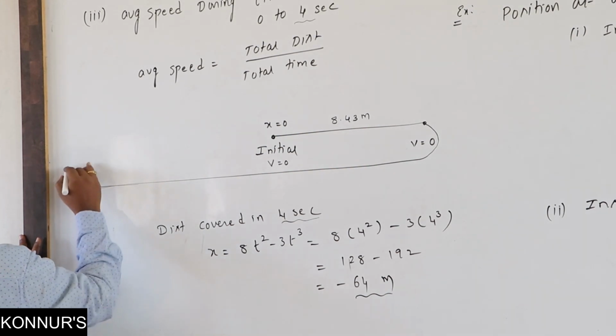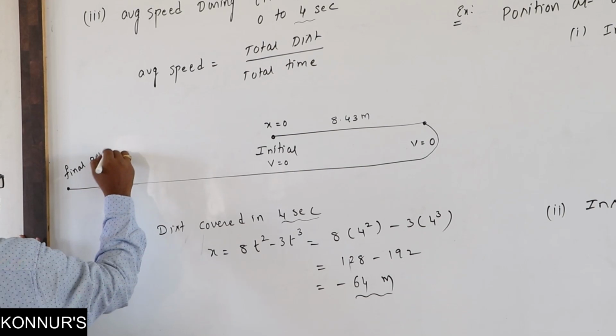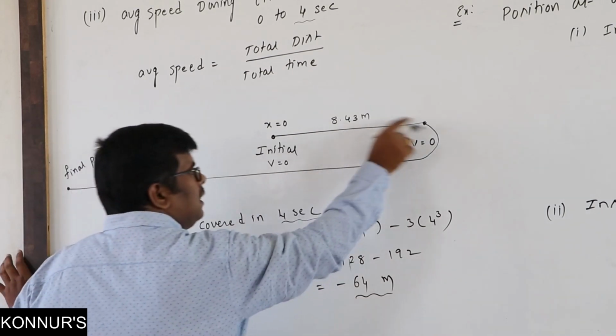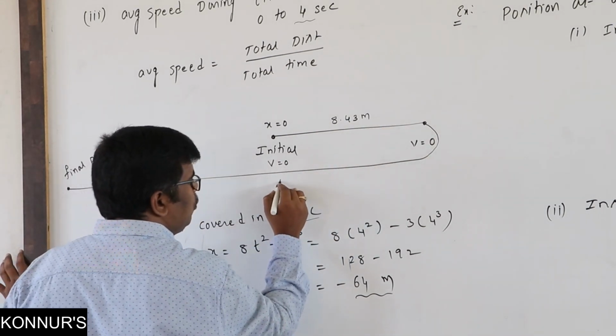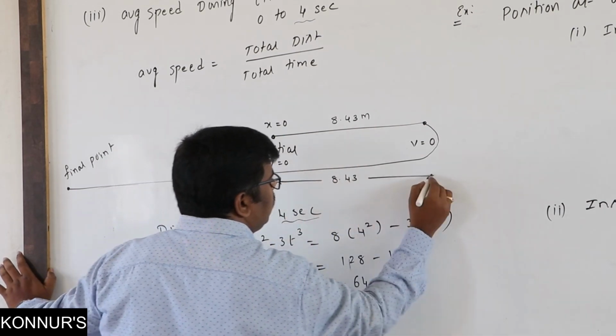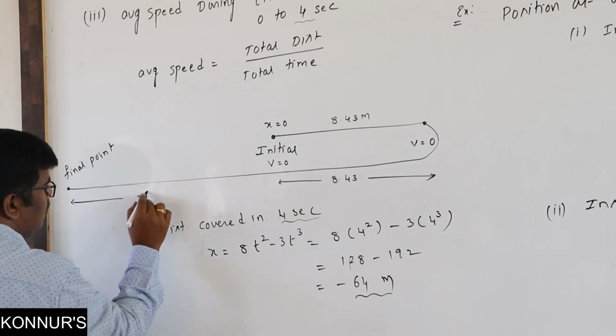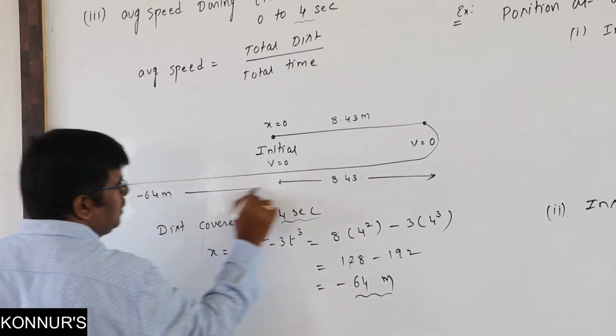This is the final point. Then it returned back up to the initial point, again covering 8.43, and from here onwards it is covering minus 64 meters.